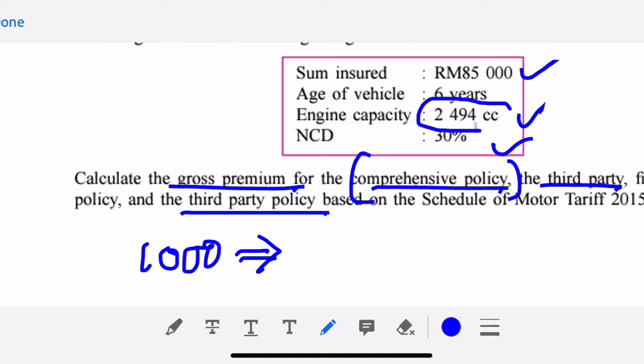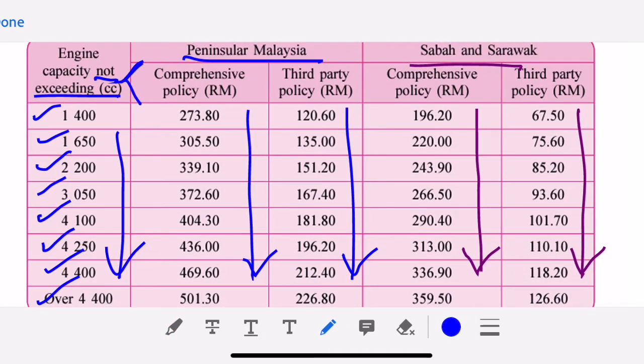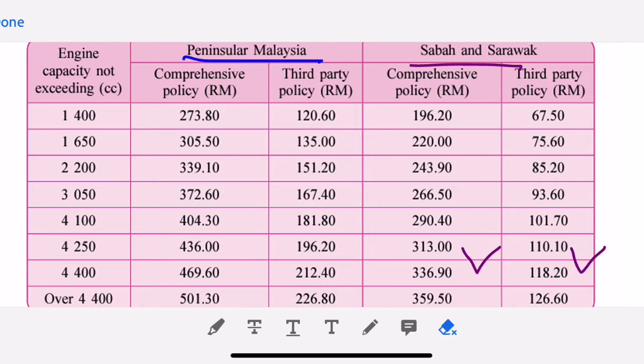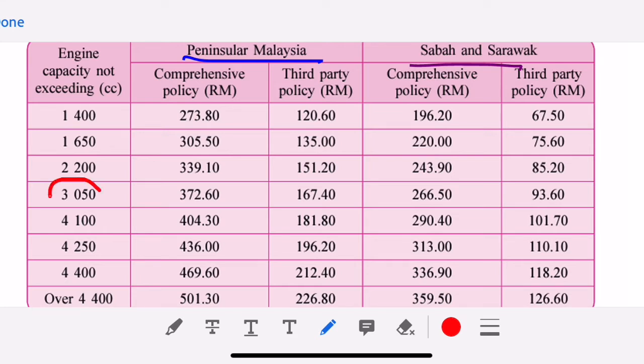And when we refer to the table, we must refer to the engine capacity. So let's go to the table and find the engine capacity for 2494. It is below 3050, not exceeding. Okay, 2494 is not exceeding 3050. Because it is comprehensive, we have to take this amount.